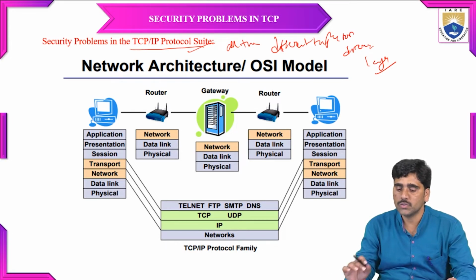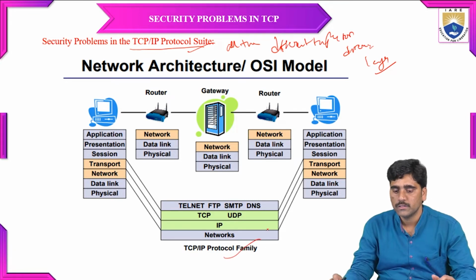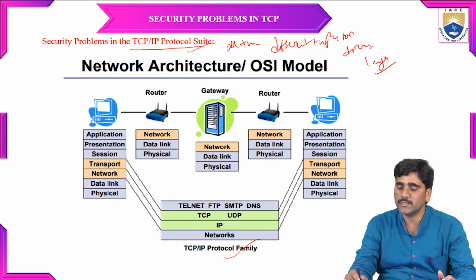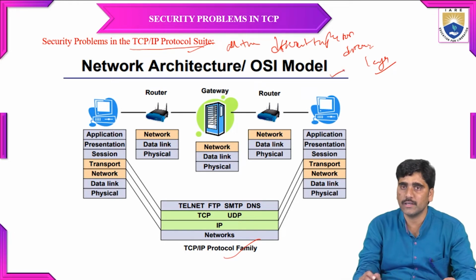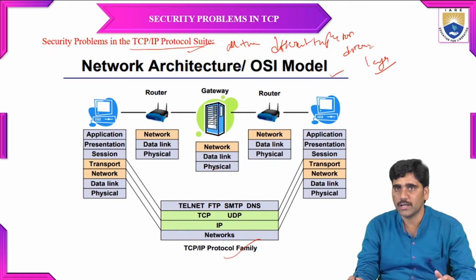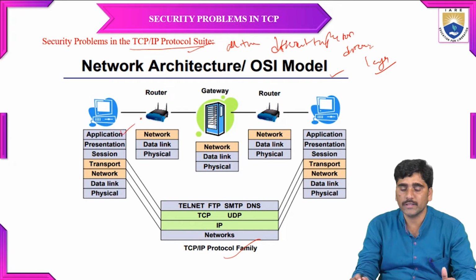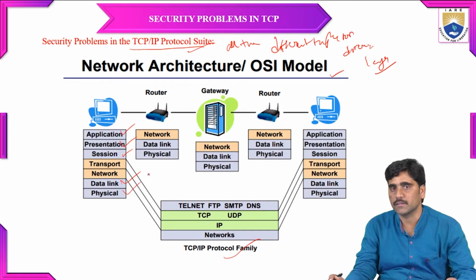Before understanding the security problems in TCP/IP, we are going to understand the network architecture of the OSI model as well as the TCP/IP model. We already know that the OSI model consists of 7 layers as shown in the figure: application layer, presentation layer, session layer, transport layer, network layer, data link layer, and physical layer.